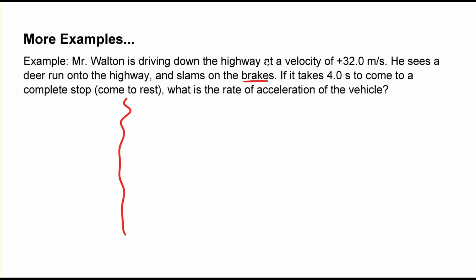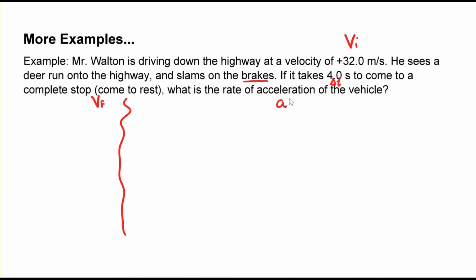So let's think about this. Let's go through and define some things. Mr. Walton is driving down the highway at a velocity of positive 32 meters per second. That sounds like VI to me, my initial velocity. He sees a deer run onto the highway and slams on his brakes. It takes, that's a delta T, 4 seconds to come to a complete stop. That sounds like my VF.